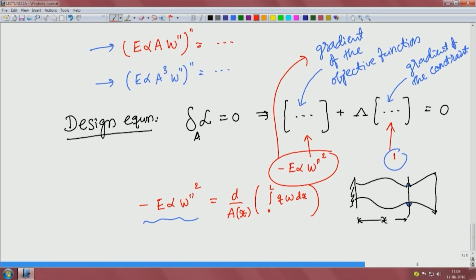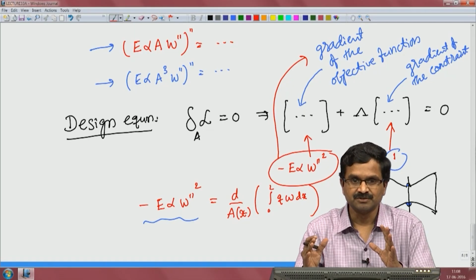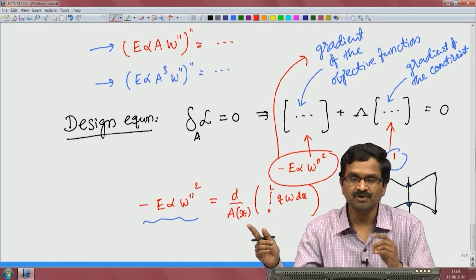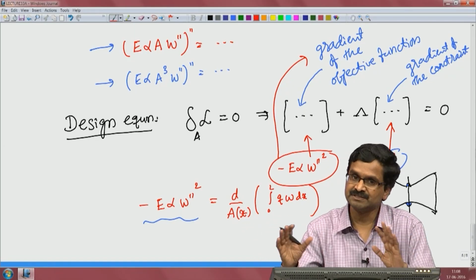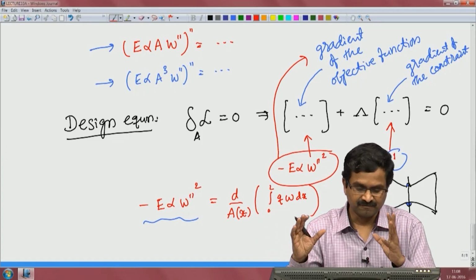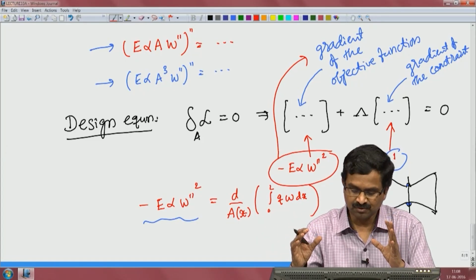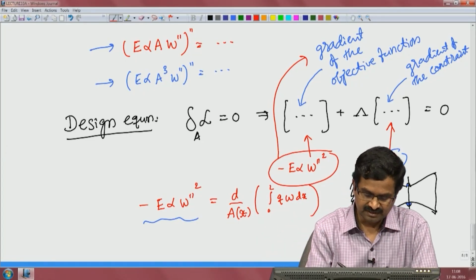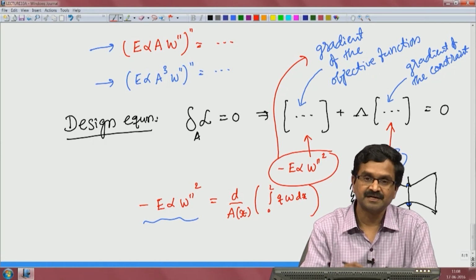If you follow this procedure, you get an adjoint equation that looks exactly like the equilibrium equation. If you have a finite element routine to solve for W, you can also solve for lambda, which is very easy, straightforward. Once you know q and lambda, you have the expression for the derivative of the objective function in the design equation.